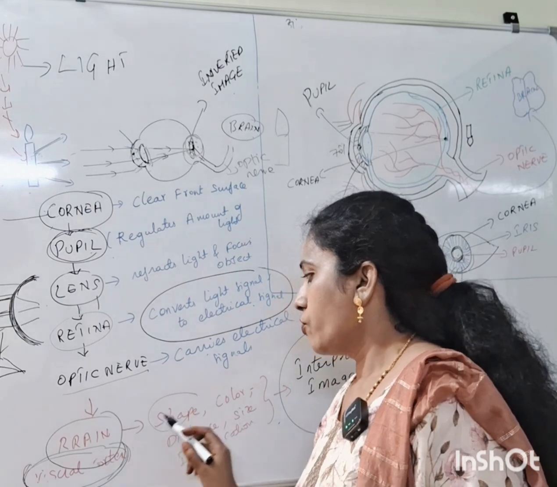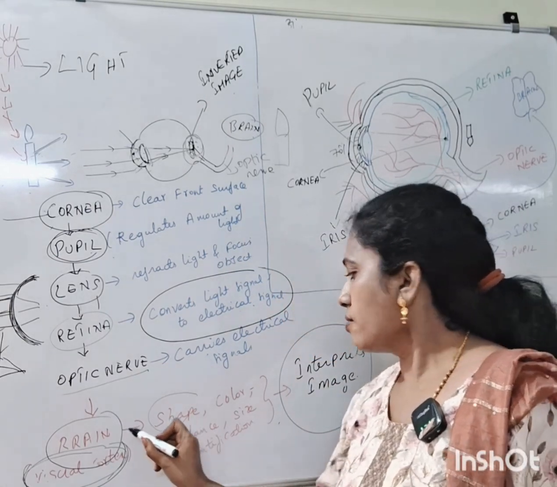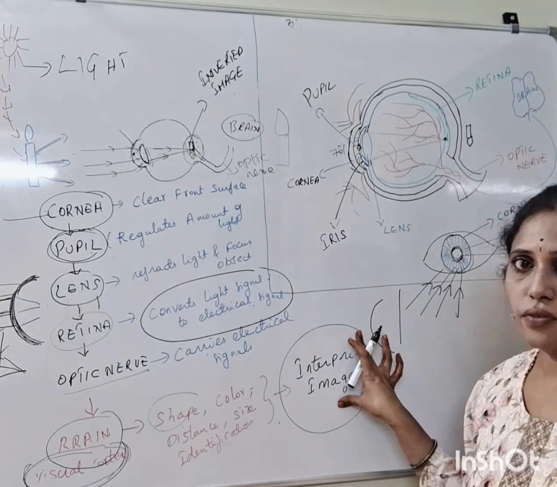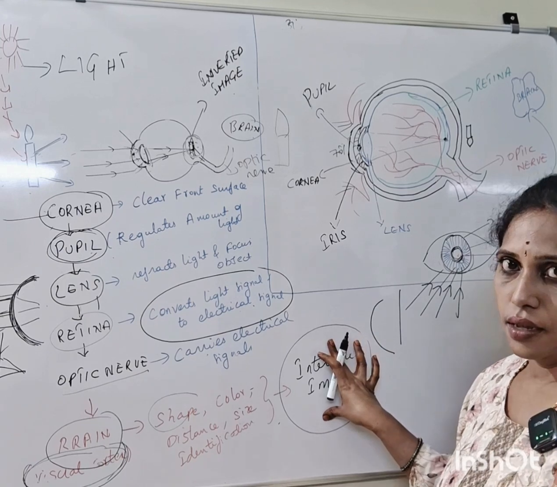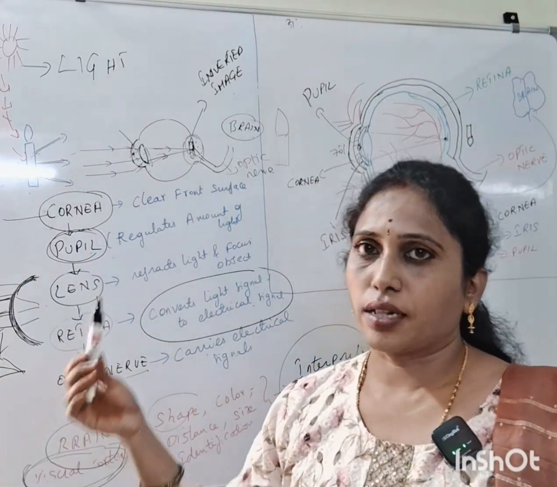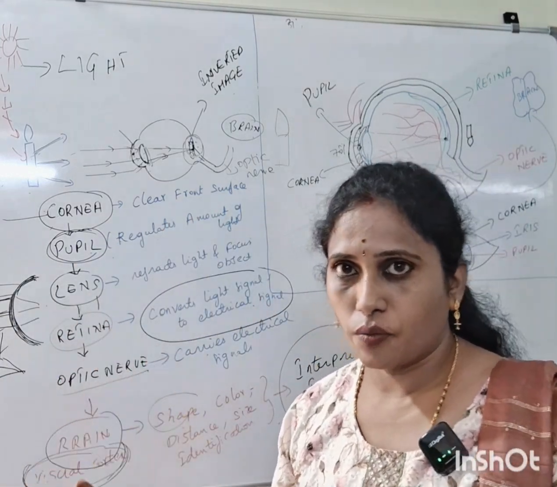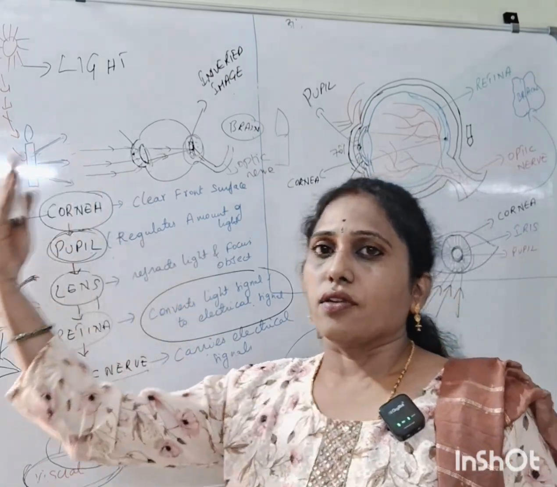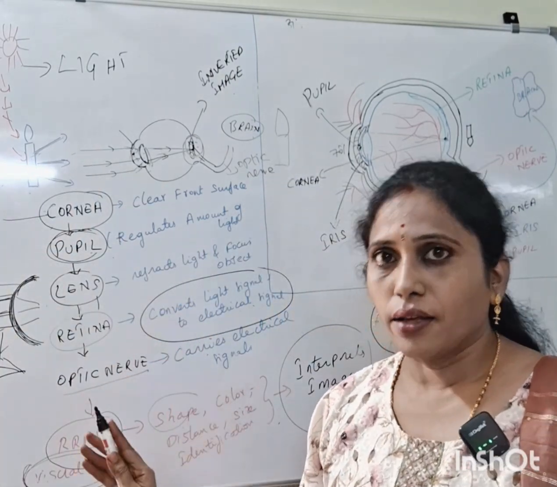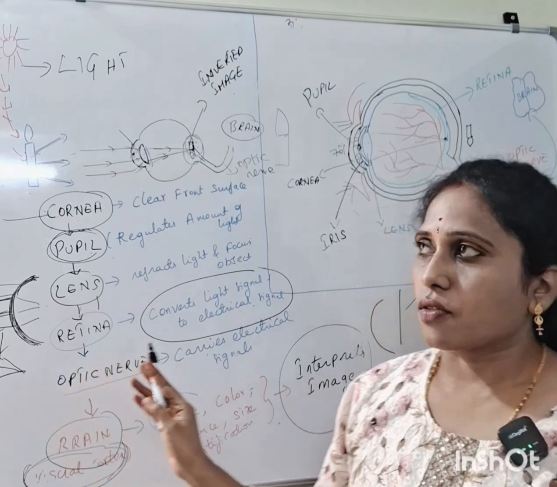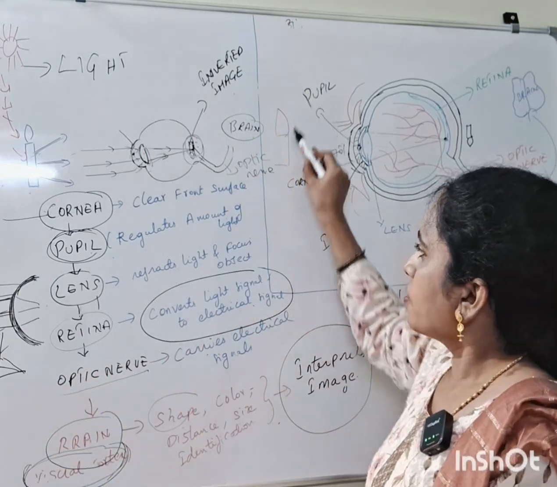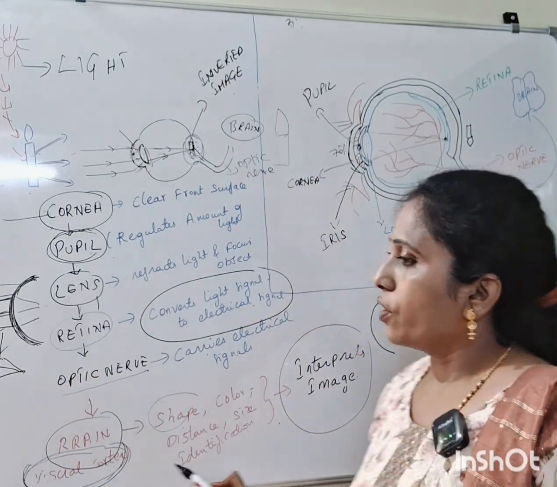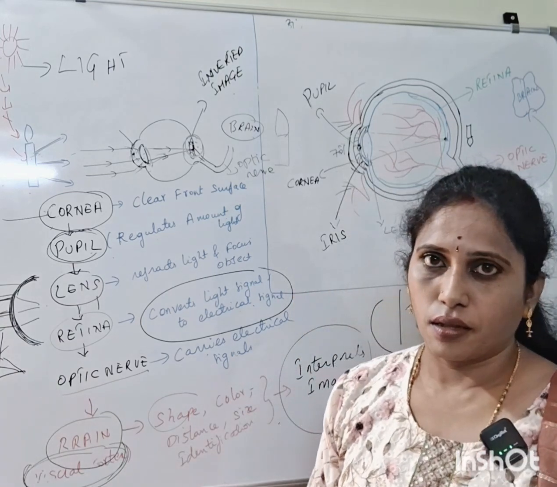The main function of this visual cortex is to interpret the image we are seeing: the location of the object, the color, the size, everything about the image, and it gives the final output. Only then can we recognize the object. So all these steps take place in order to see one particular image.